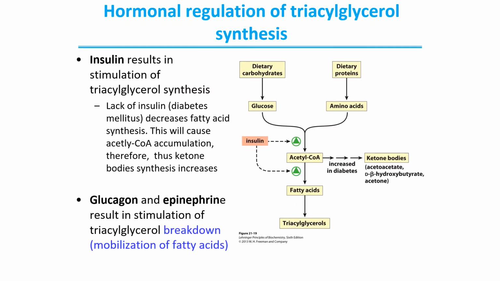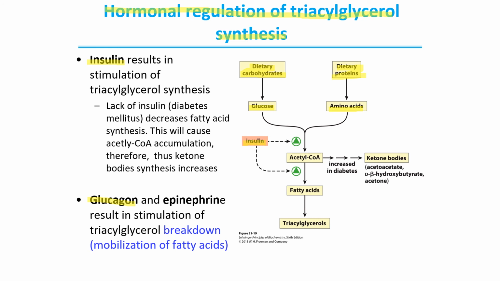So the last slide is about the hormonal regulation of the TAG synthesis, or the triacylglycerol's full form. And the two hormones involved are again the same, insulin and glucagon. And glucagon, you can say, teams up with epinephrine. When we have a high carbohydrate or high protein diet, this will produce high amounts of glucose and amino acids in the digestive system.